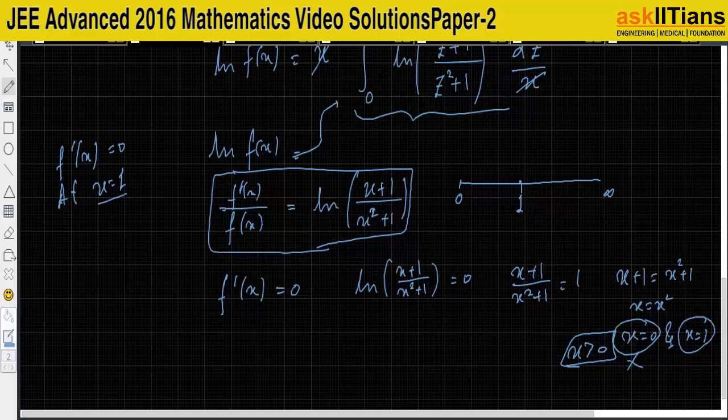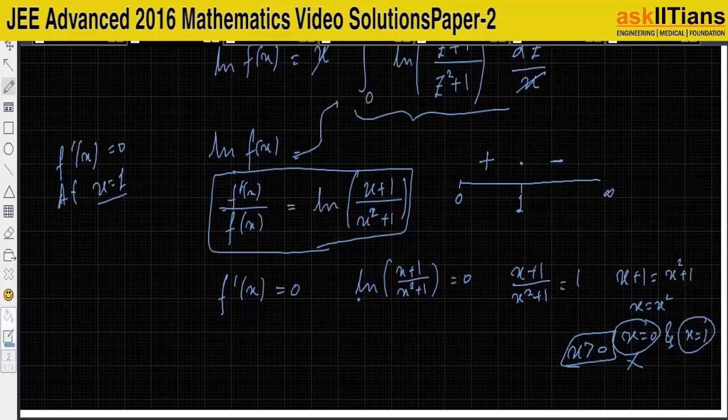At x equal to 1, f'(x) is 0. If x is greater than 1, the sign of f'(x) will be negative, and here the sign of f'(x) will be positive. If x is less than 1, I'll get a positive quantity. If x is greater than 1, I'll get a negative quantity.